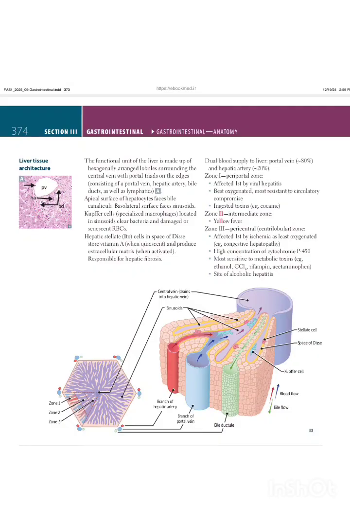Then we have hepatic stellate cells, which are the source of vitamin A for the body, and produce extracellular matrix. Dual blood supply to liver is 80% portal vein and 20% hepatic artery.